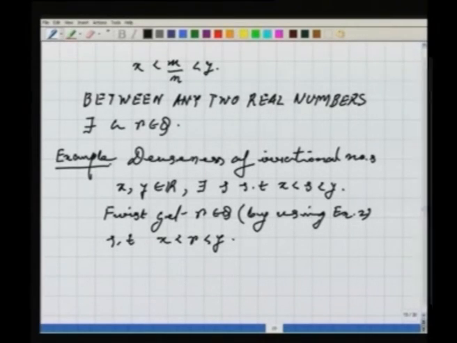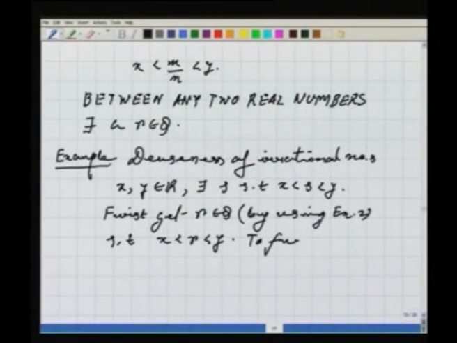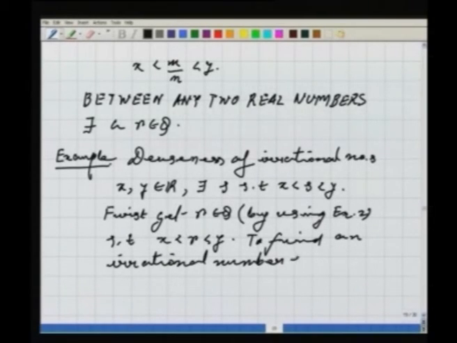And then I want to find an irrational number s which lies between r and y. That is, to find an irrational number s such that r is less than s and it is less than y.